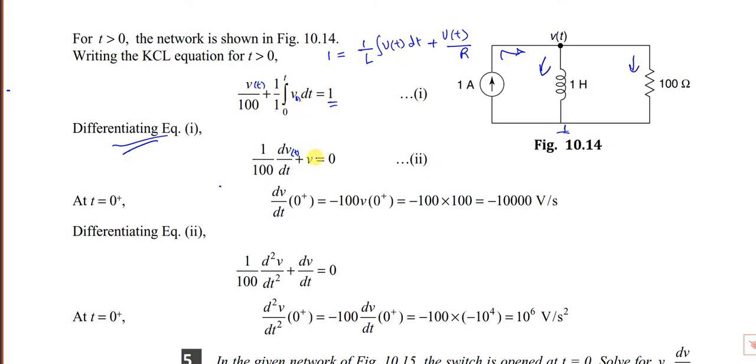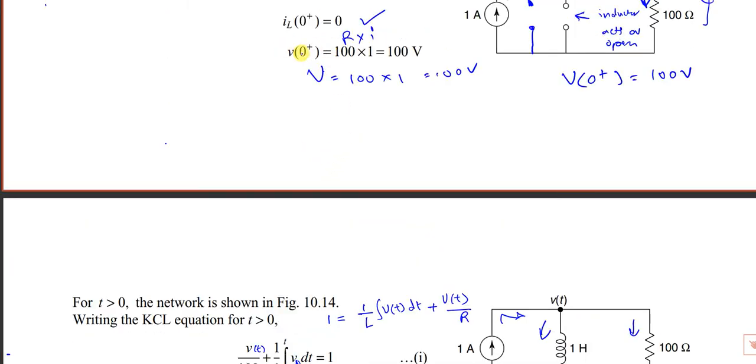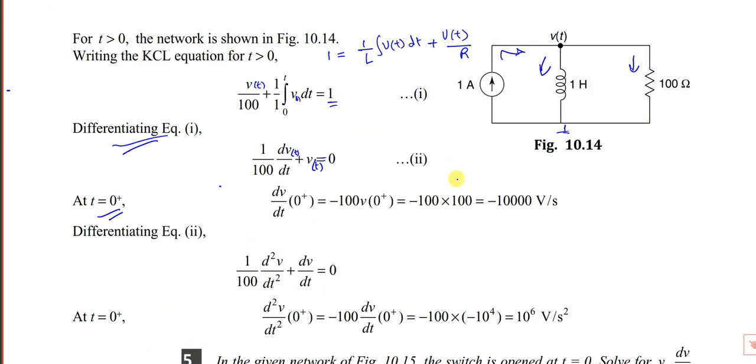You'll get V of t is equal to 0. And after that, substitute t is equal to 0 plus. Substitute t is equal to 0 plus. V of 0 plus is how much? You have to get it from the previous. V of 0 plus is 100 volts.